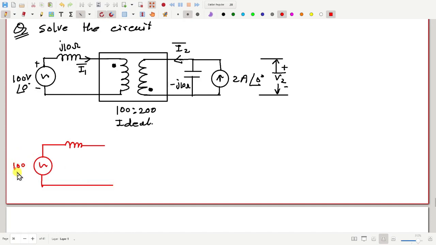This is 100 angle 0 degree. This is J10. Now the secondary is brought to the primary side. So what will happen to these impedances? This will become minus J10 into N1 by N2 square. So 1 by 2 means half square.